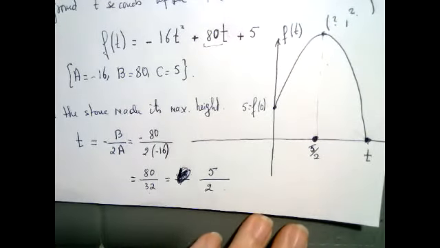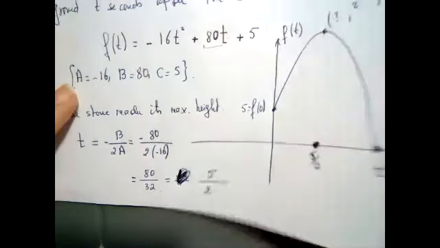And now the question is find the maximum height. So how are we going to find the maximum height? Very quickly. So now we found when it reaches its maximum height. Now we need to find the value of the maximum height. So what's the value of the maximum height?